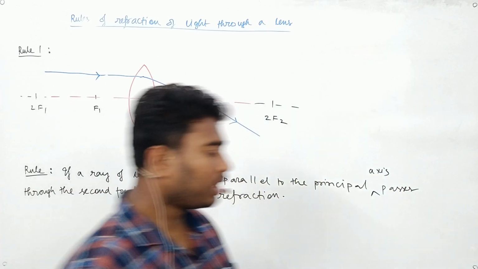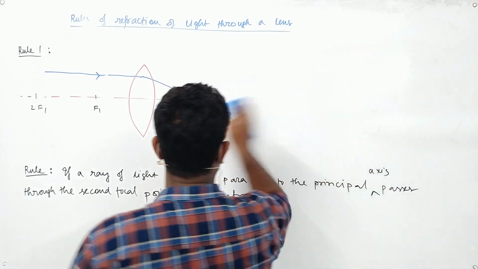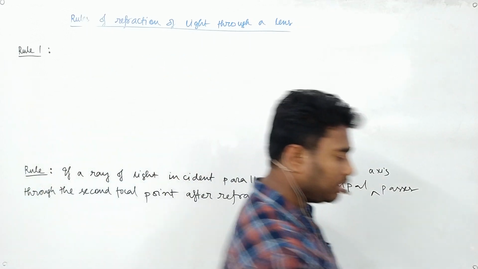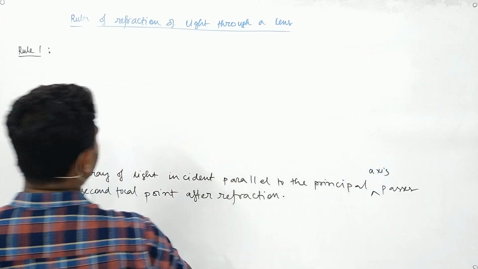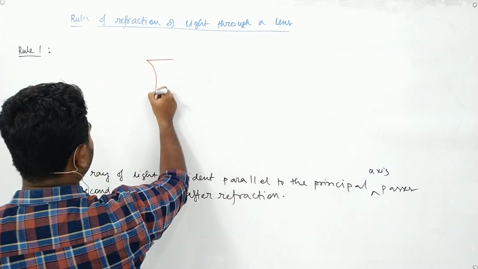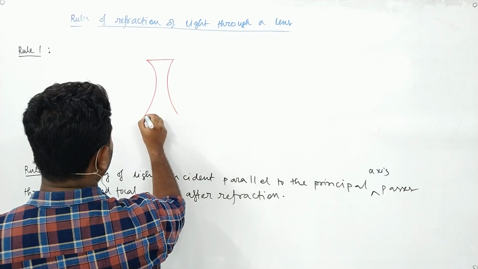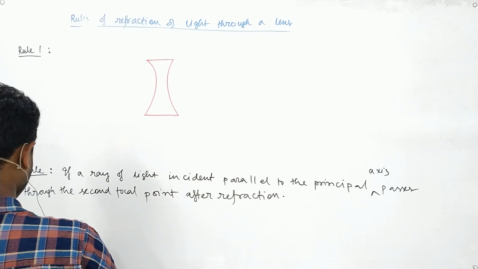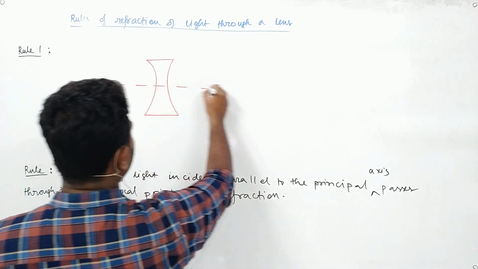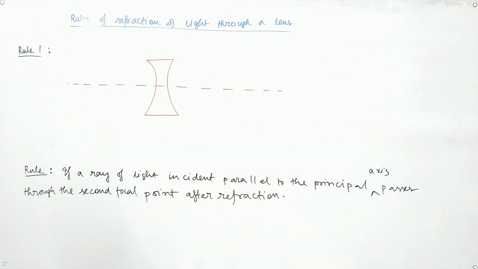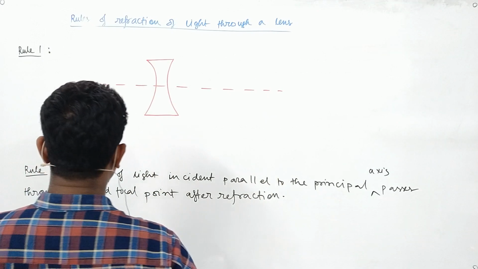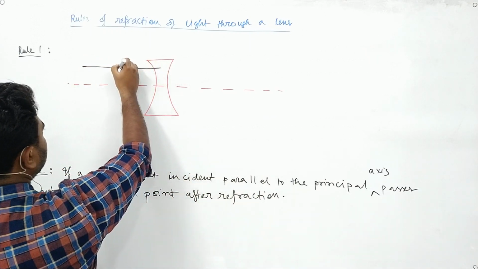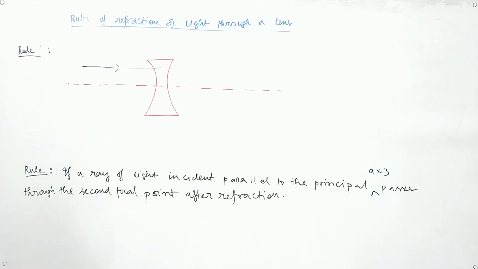Okay, what will happen if I replace this one with a concave lens? Suppose this is a concave lens and I am replacing it with a concave lens, and suppose a ray of light is passing parallel to the principal axis and falling on the lens.